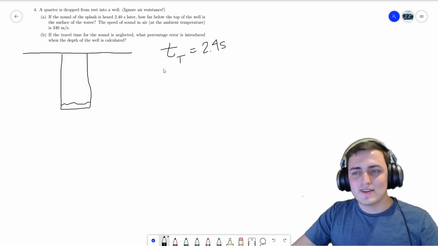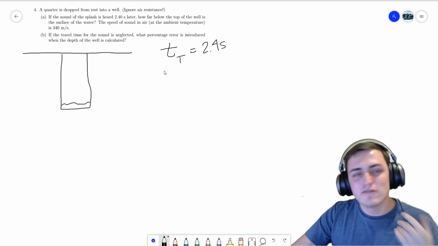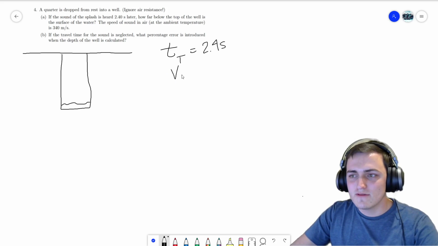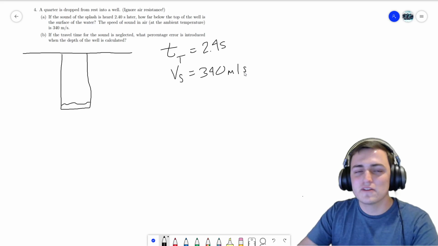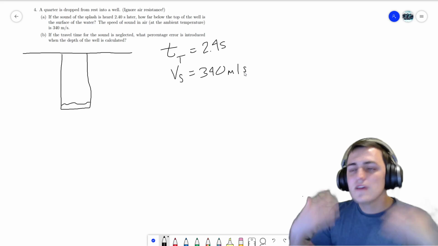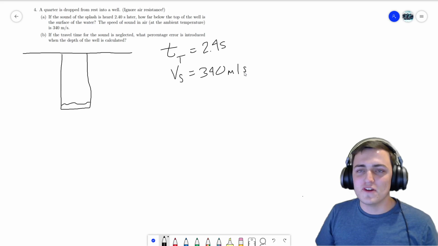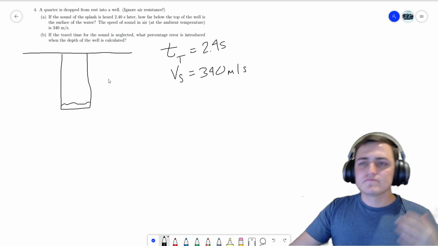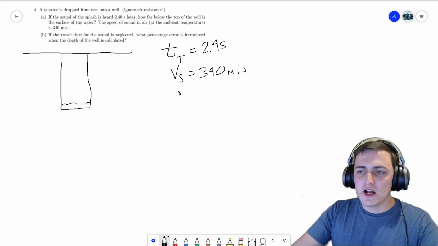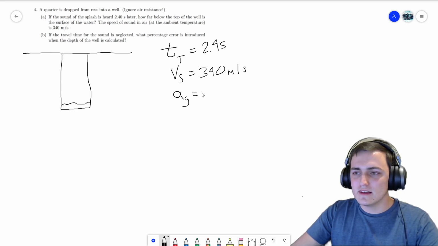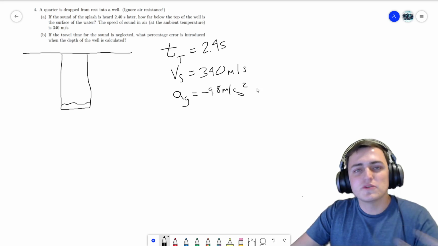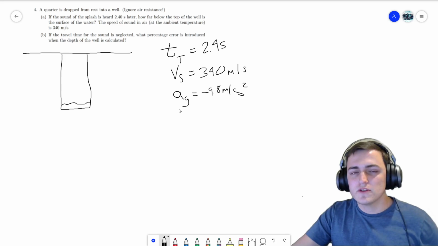And we also find that the speed of sound in air, how fast the sound moves, you can say v of s, velocity of sound, is 340 meters per second. In any direction, there's no acceleration of the speed of sound. The speed of sound just moves at 340 meters per second. So now, what else do we know? Well, we know acceleration of gravity is negative 9.8 meters per second squared, which we'll use.